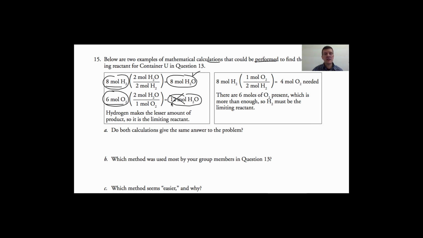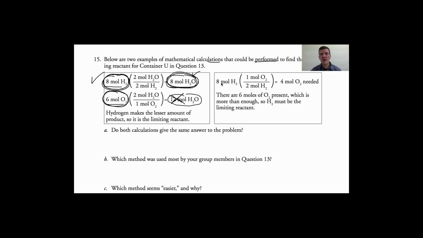Well, you're never going to get the larger amount if the smaller amount is a result of the limiting reactant. As soon as you create 8 moles of water right here, this 8 moles of hydrogen is going to be gone. You will have used up 4 moles of the oxygen, and you're going to have 2 left over. So you'll never get to the 12. So this is one way to figure out who's the limiting reactant. It's whichever one produces the lesser amount of product.